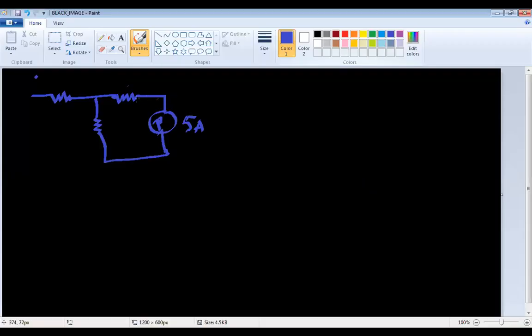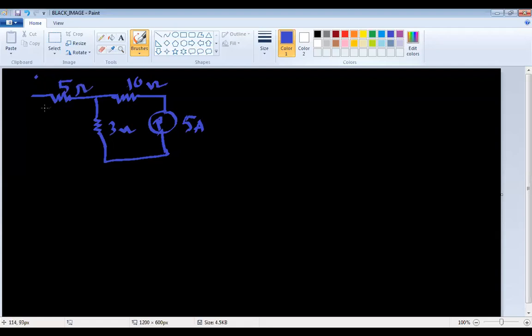My screen is not visible, that's why you are not able to say. Yes. Now please tell me, this value is how much? The 10 ohm. What is this value? 3 ohm. Correct. What is this value? 5 ohm.